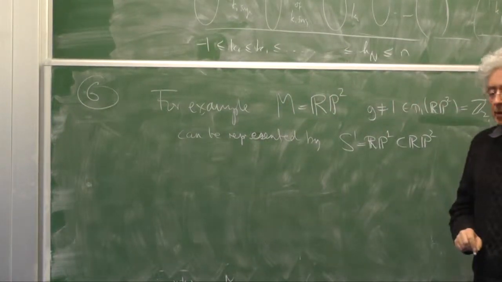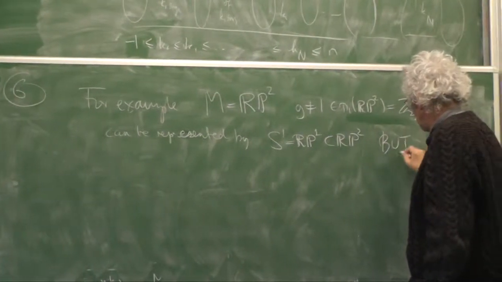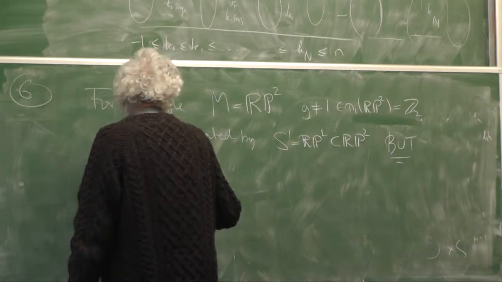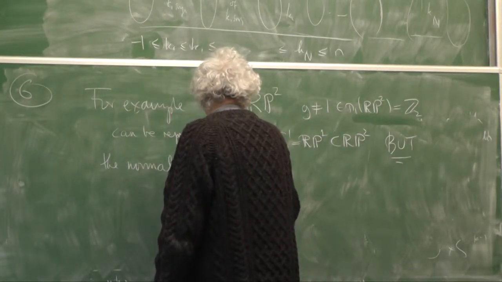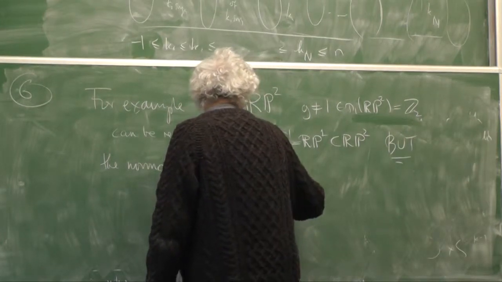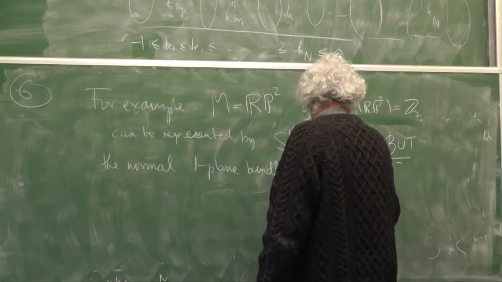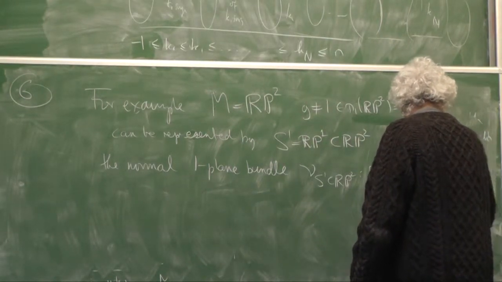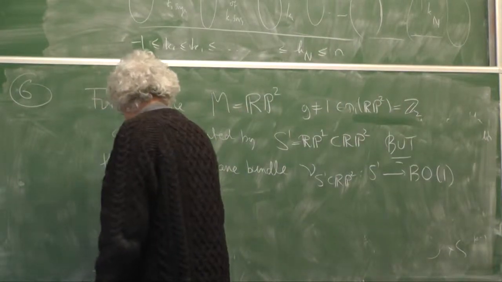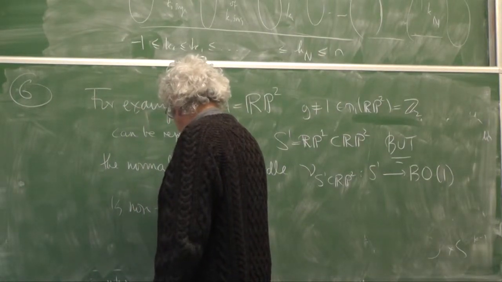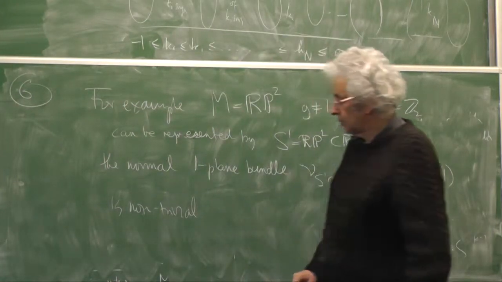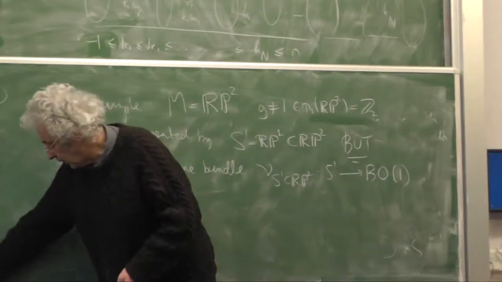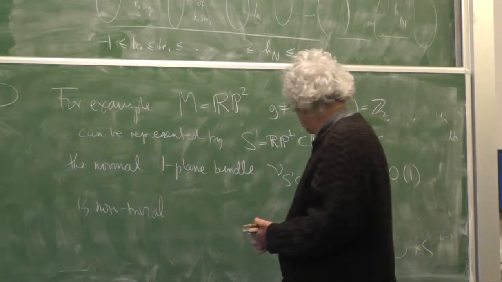So that's wonderful. But the normal bundle, it's called the one-plane bundle, is non-trivial. So the first exercise in constructing Stiefel-Whitney classes in Milnor and Stasheff, of course, is non-trivial.